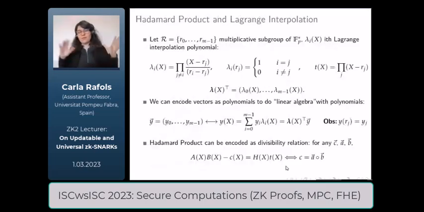And now I want to prove things about polynomials. So what I do is interpret this polynomial as the evaluation of some polynomial at this set of points. So there are two different problems: this problem is about proving a relation on polynomials.